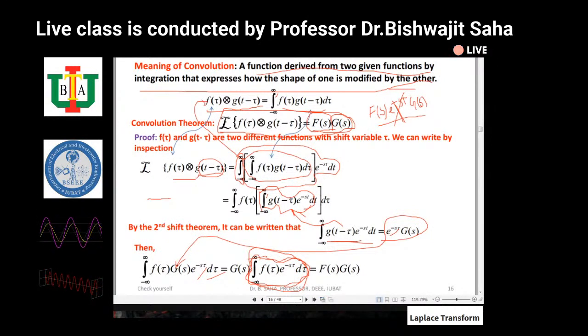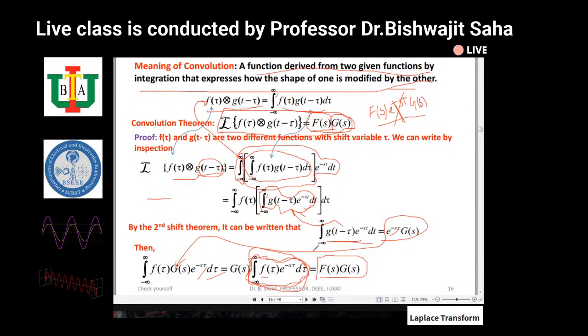Since it has f, we can write F of s, and G of s already existed. So we can write F of s and G of s. So the theorem is proved. Everybody understand? Yes, sir. Okay, thank you.